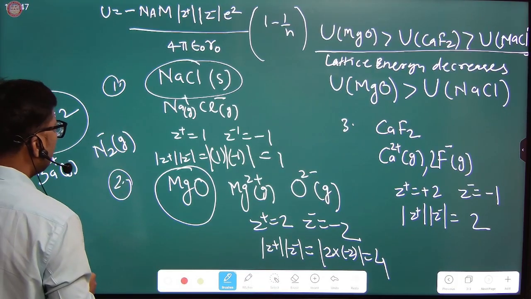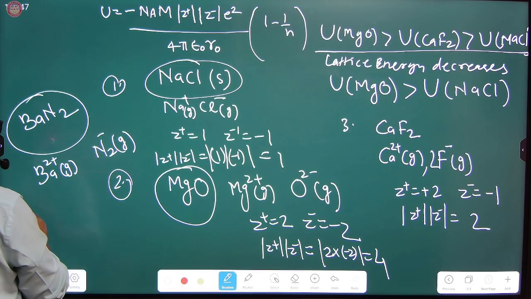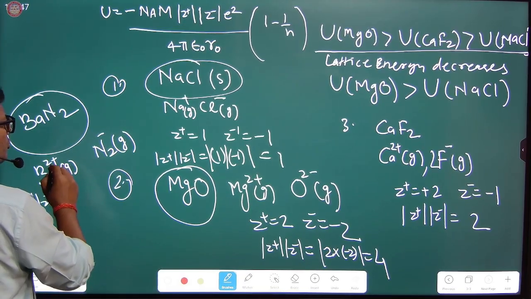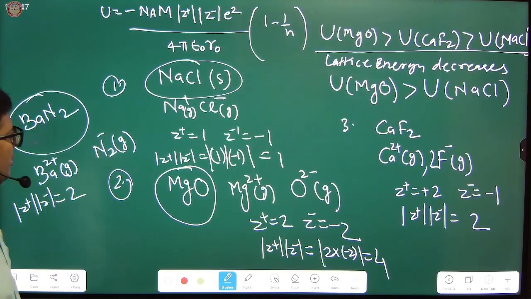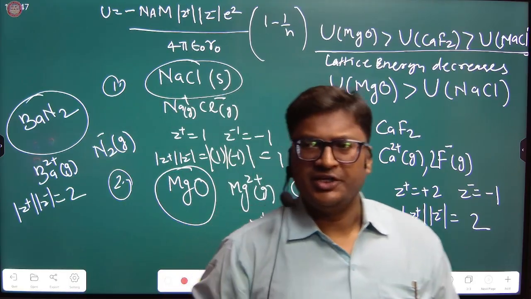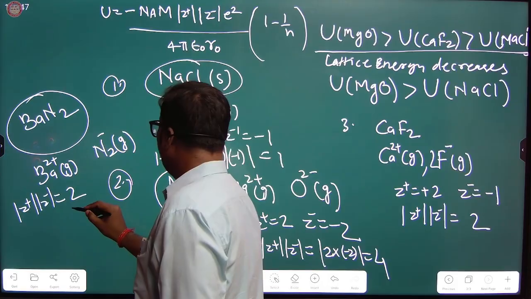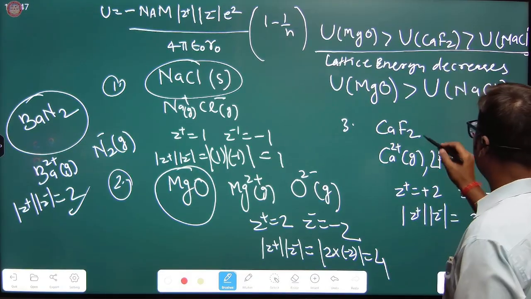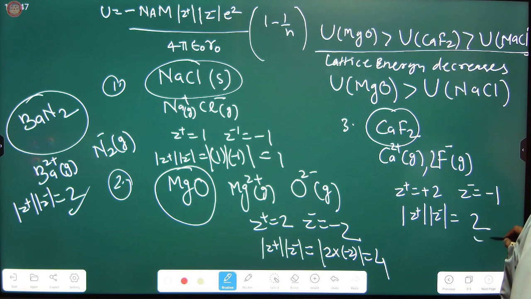So in case of charges, the product is equal to 2 multiplied by 1, that is 2. So the product of charges in case of barium diazide is 2, and in case of calcium fluoride the product of charges is also 2.